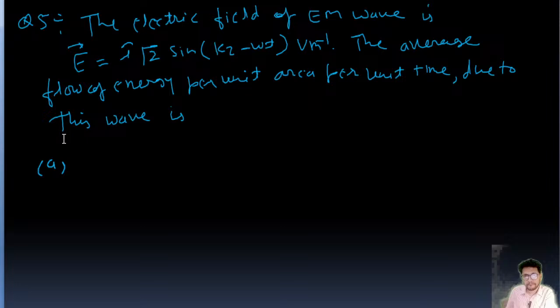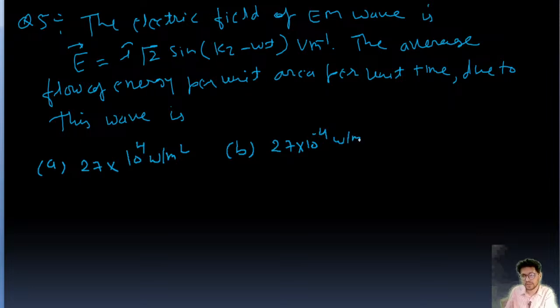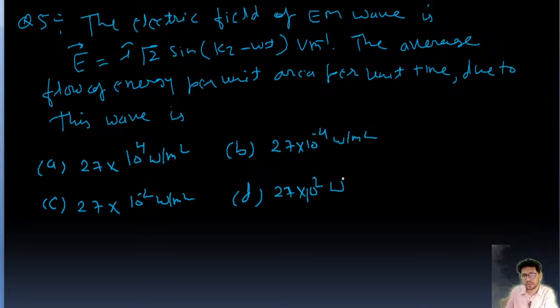Options are: option A, 27 into 10 to the power 4 watt per meter square. Option B is 27 into 10 to the power minus 4 watt per meter square. Option C is 27 into 10 to the power minus 2 watt per meter square, and option D is 27 into 10 to the power 2 watt per meter square.